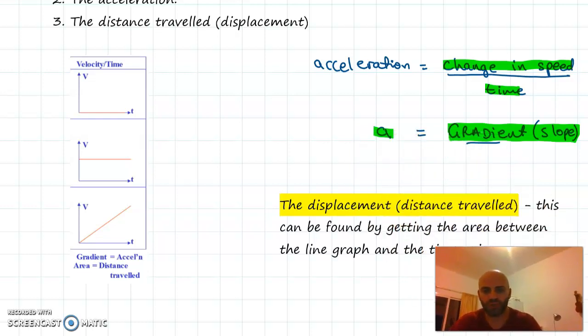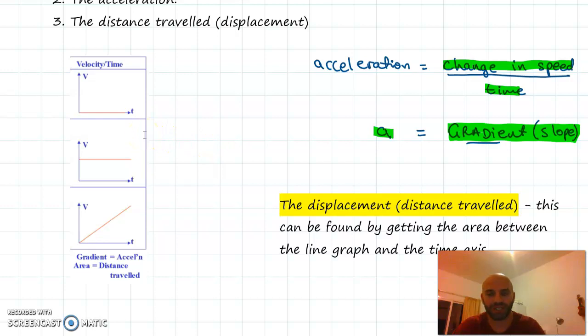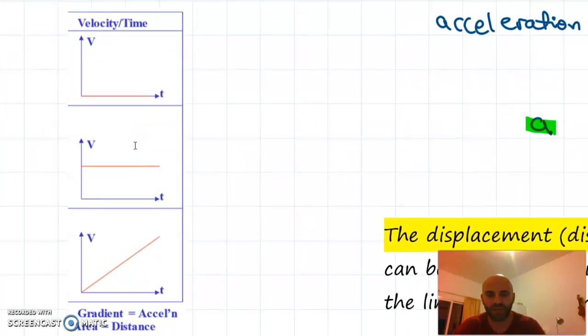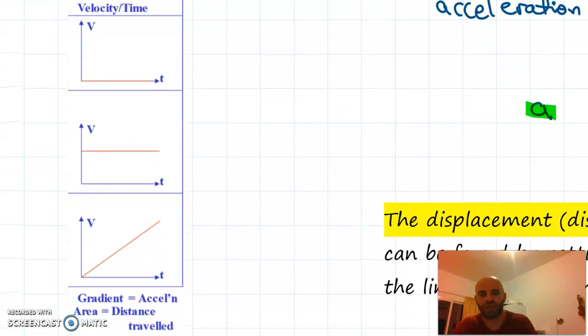But right now, let me just bring you to the kind of information that is contained within a speed-time graph or a velocity-time graph. So first of all, you could have a situation like this, where the velocity is 0, or the speed is 0, and that happens when the graph appears on the time axis itself.